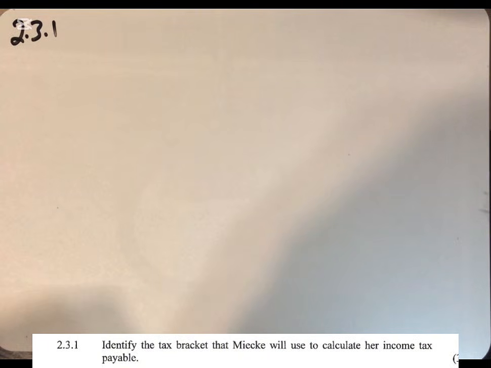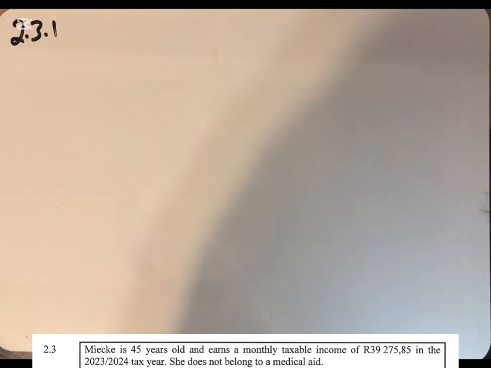The first question says identify the tax brackets that Mikhail will use to calculate her tax payable. Don't forget, the tax brackets are already converted into an annual income. We can see that this person is earning a monthly taxable income of 39,000.